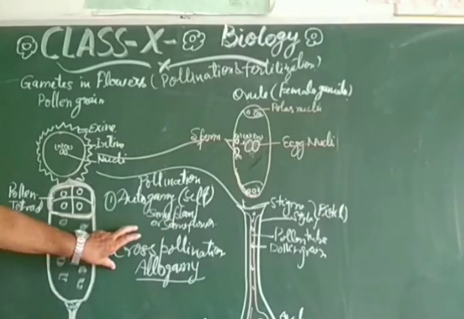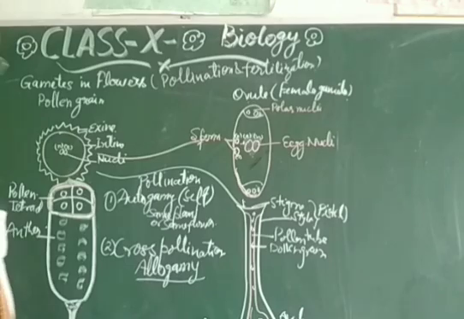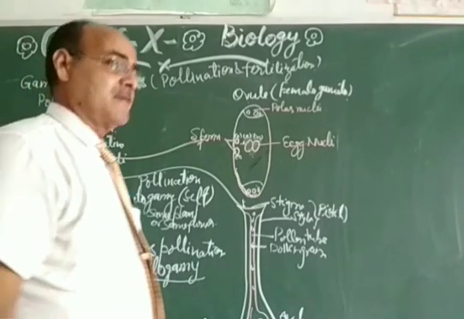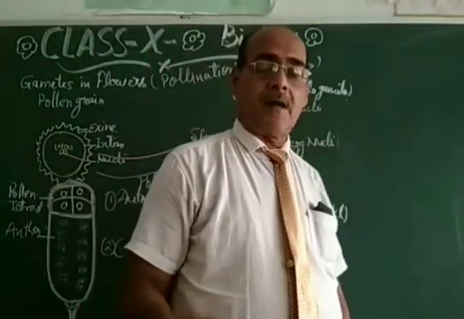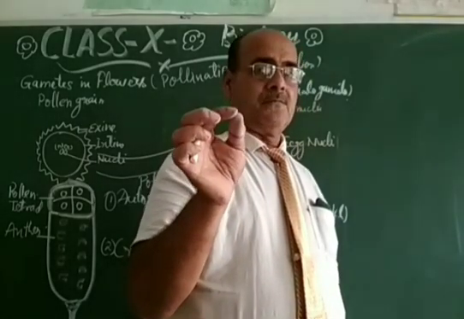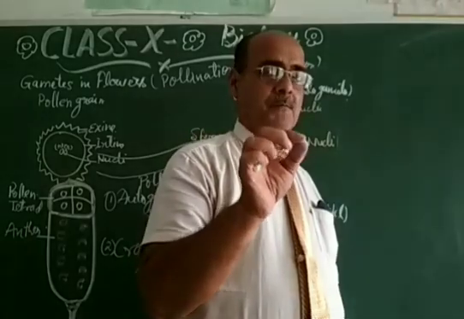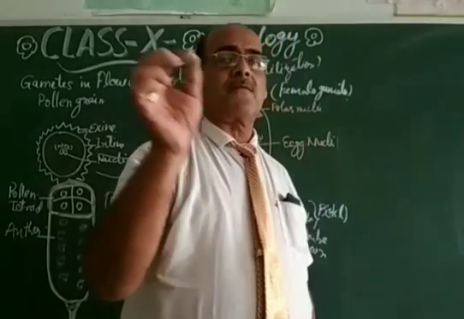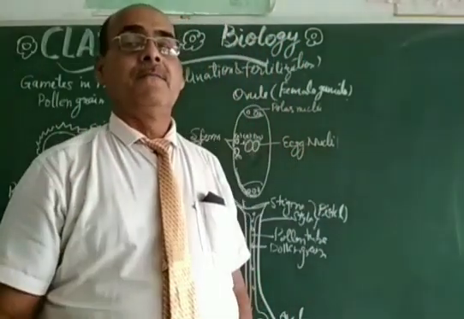Cross-pollination takes place when the pollen grain of a flower of a plant is transferred to a flower of another plant.